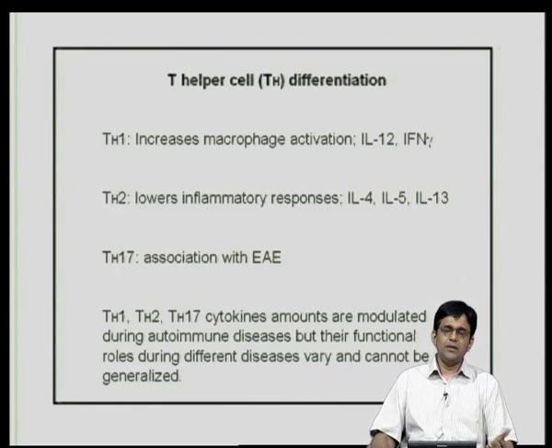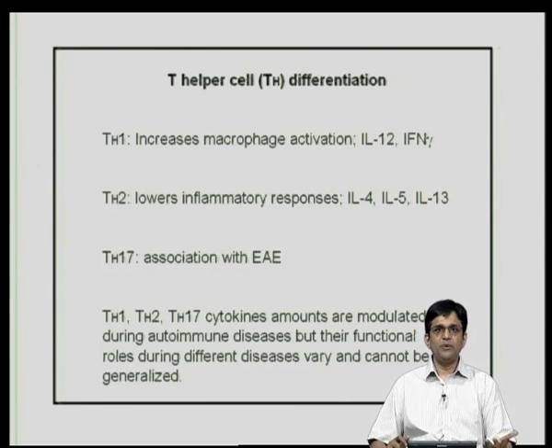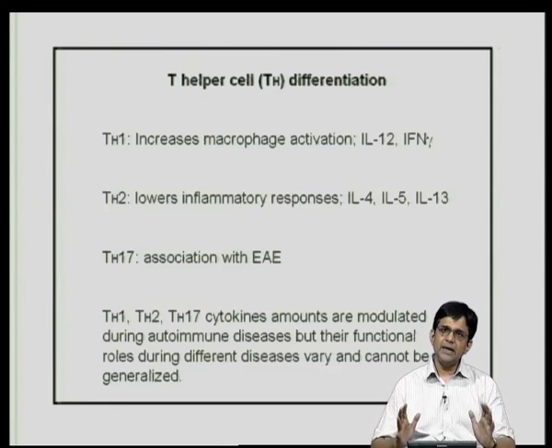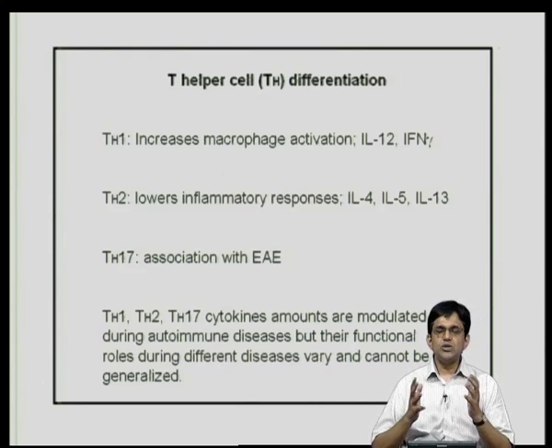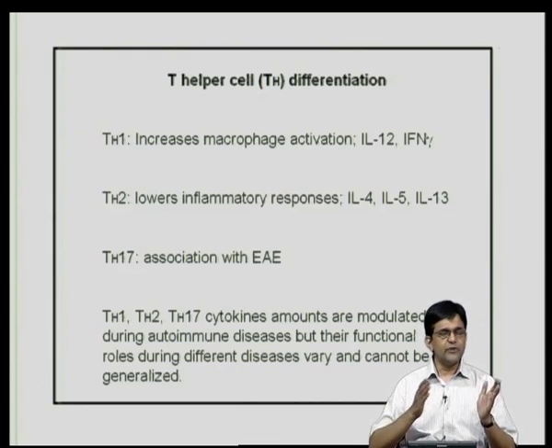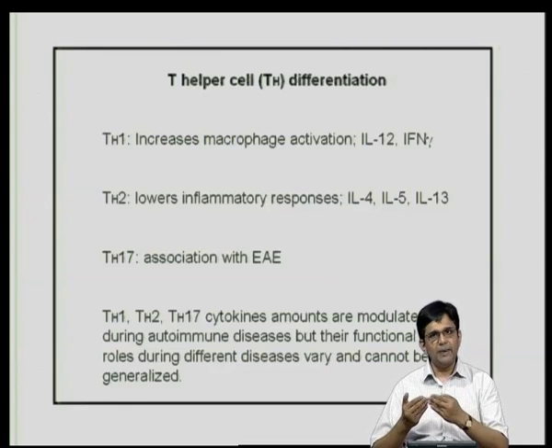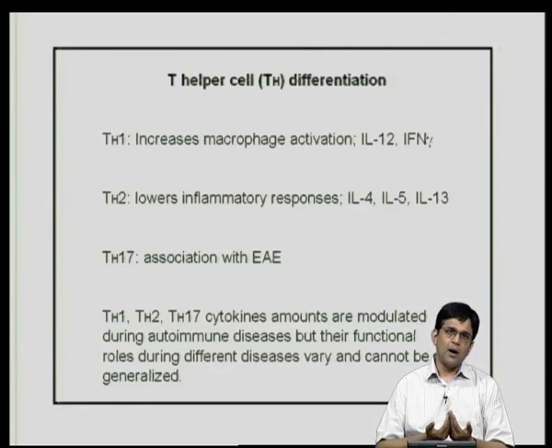Now, we had covered different T helper differentiation pathways, and you should be well aware of the Th1, Th2, and Th17 pathways. As mentioned previously, these T helper phenotypes vary with different autoimmune diseases. However, no generalization can be made, because for different diseases we see Th1 playing a beneficial role or a harmful role.